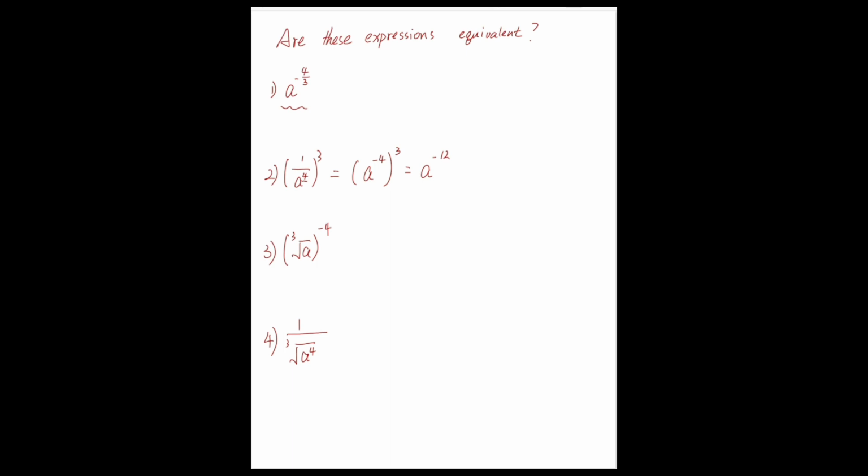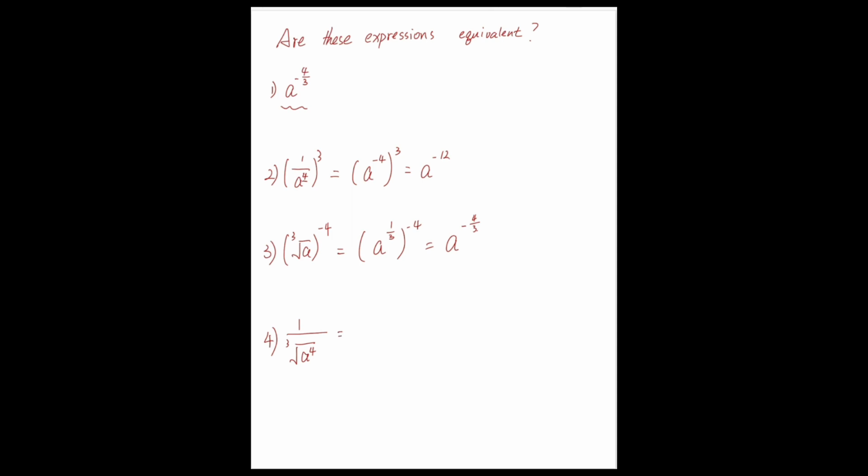Okay, so 1 and 2 are not the same. And how about number 3? For number 3, we can change into the power of 1/3, and raise to negative 4, and then we get a to the power of negative 4 over 3. So 1 and 3 are the same.